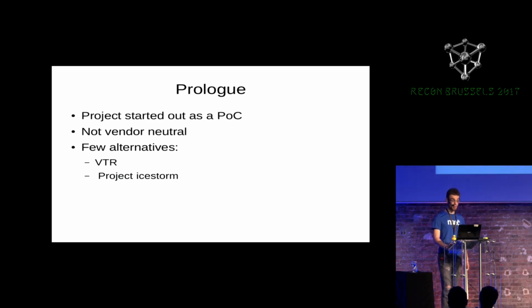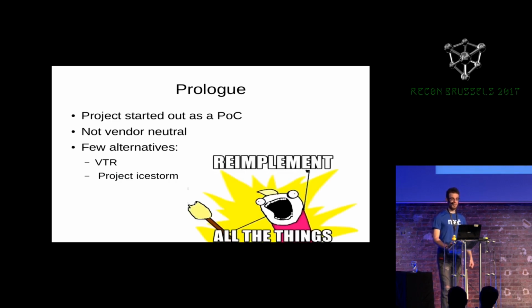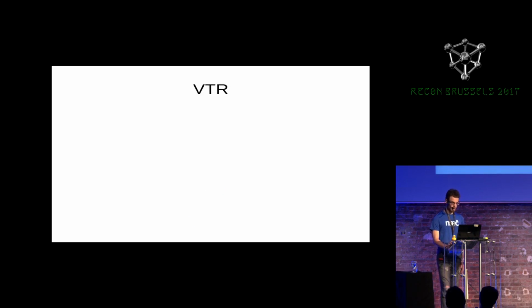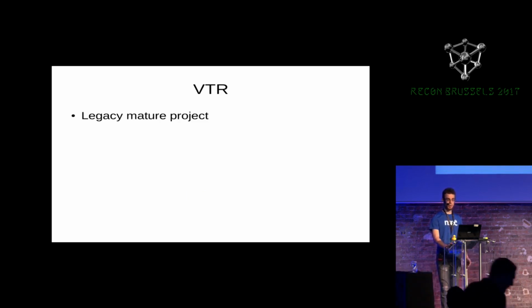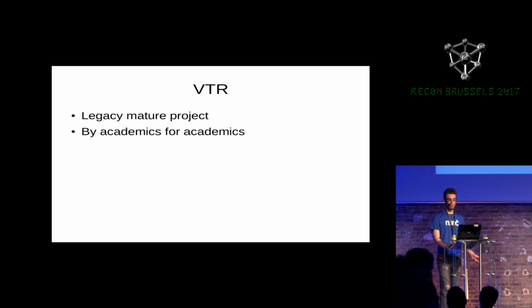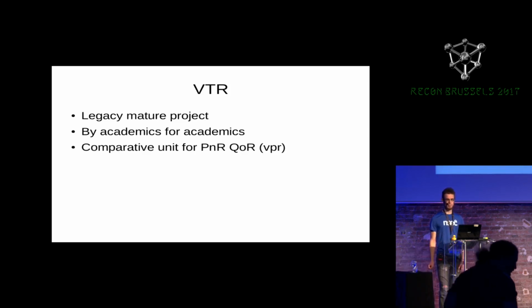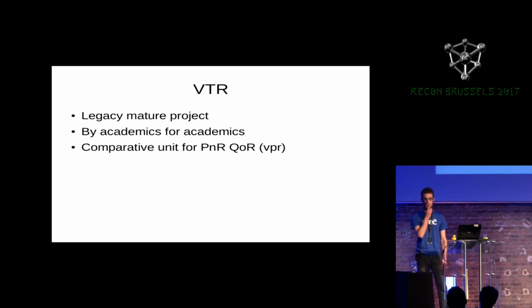So I decided, okay, I'm going to go with VTR and re-implement a bitgen. VTR is called Verilog to Routing. It's a very legacy major project, by academics, for academics. It's mostly used as a comparative unit by the software development people.